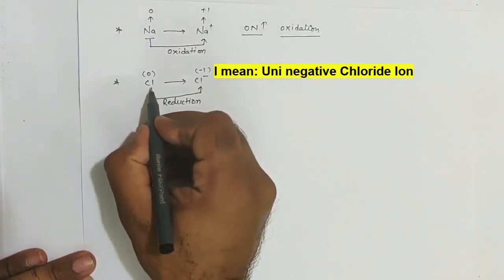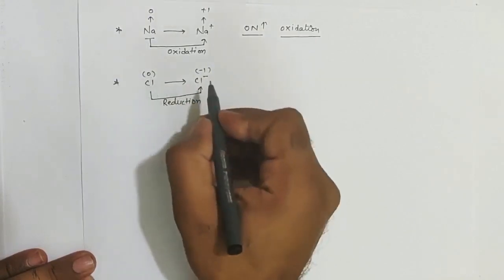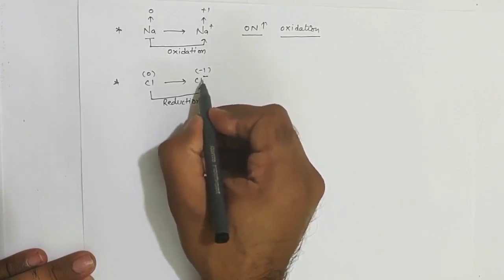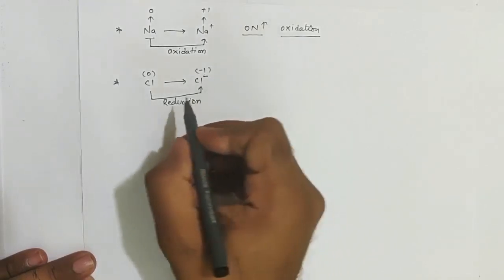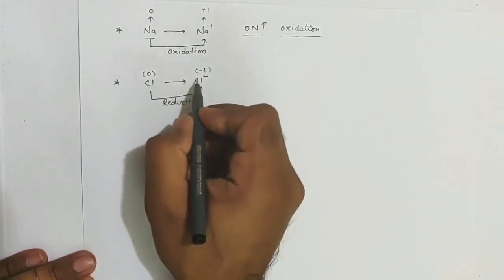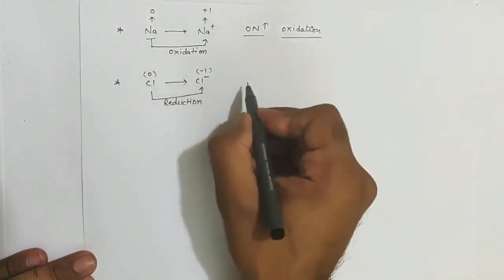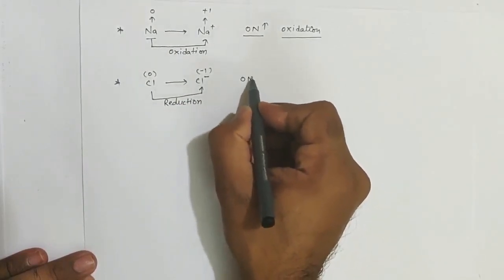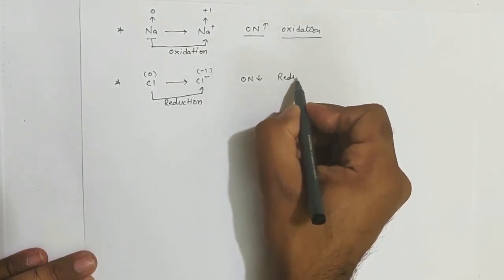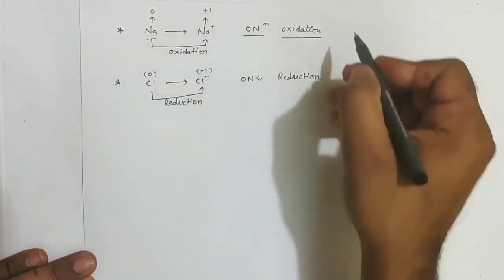Because chlorine is present in its native state, its oxidation number equals 0, and here chlorine has -1 charge, so its oxidation number equals -1. Here we can say that the oxidation number of chlorine has decreased from 0 to -1, and this process is reduction. So whenever oxidation number decreases, the process will be the reduction process. Clear, students?